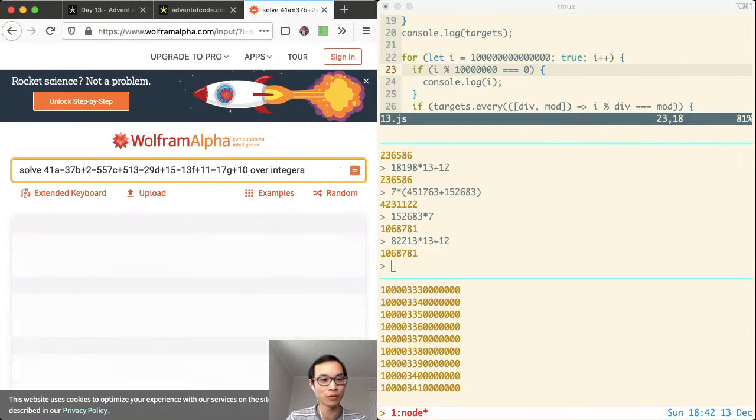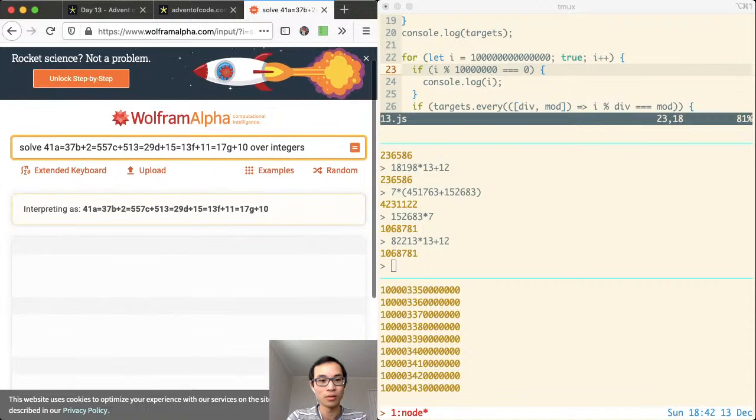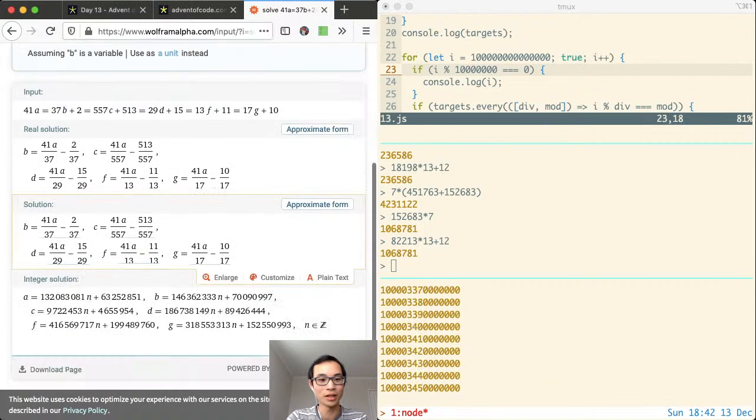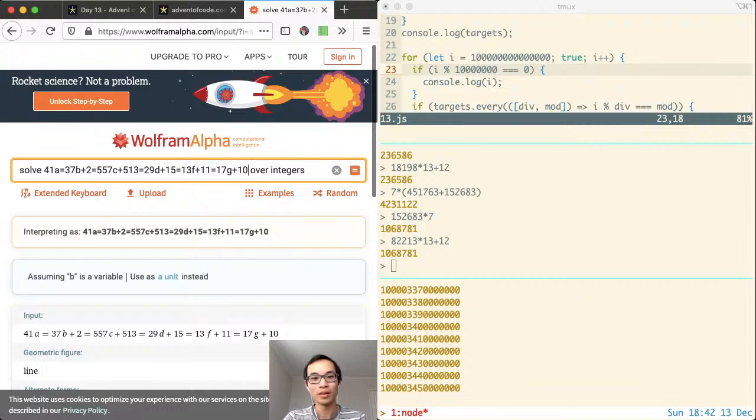I'm going to do 6 variables and see if it likes it first. If it's happy to do 6 variables, I can see it slowing down. Equals 23h plus 5 equals 419j. I can't use i.